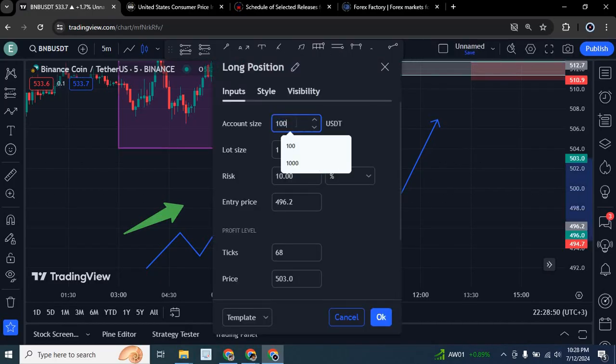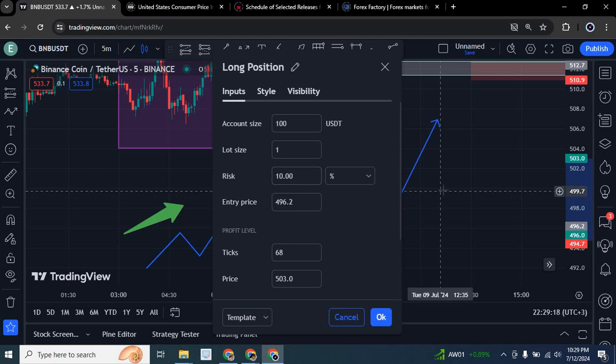Remember, in crypto, we don't calculate our profits in pips. We calculate them in percentages. So maybe you're using $100, and the risk that you can withstand on $100 is maybe 10%. So if you are risking 10%, what is 10% of 100?